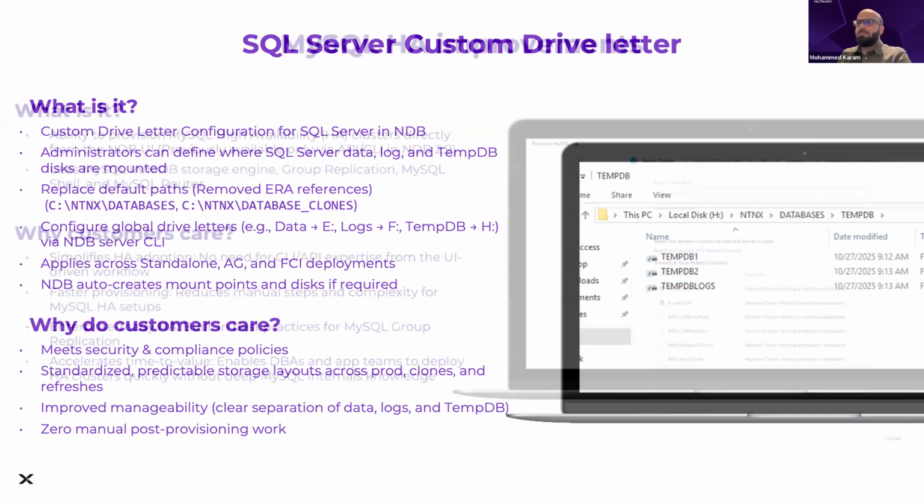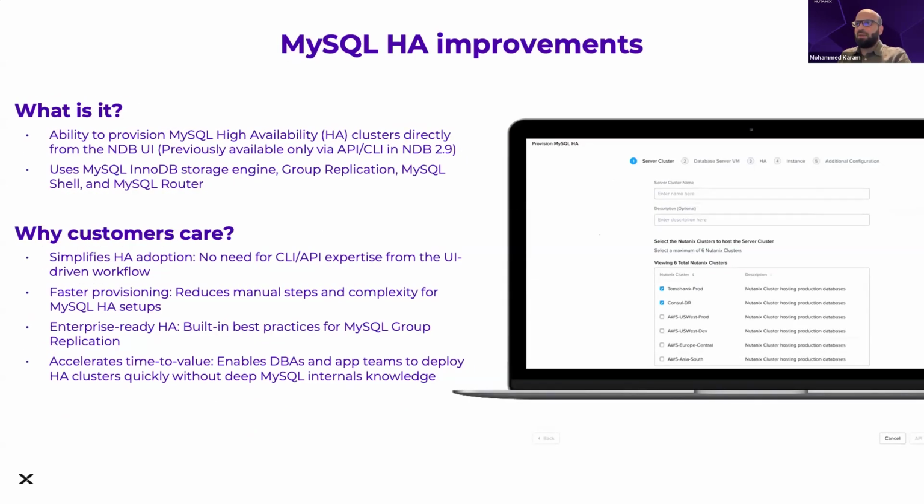NDB. The other thing that has come in, and hopefully we'll have time to show you this in an epilogue to the demo today, is for those of you who have been using MySQL, you know that we've recently released HA support, starting off with the API CLI.